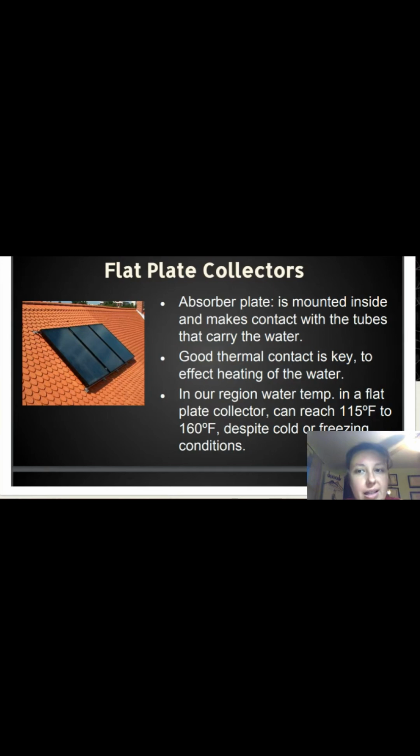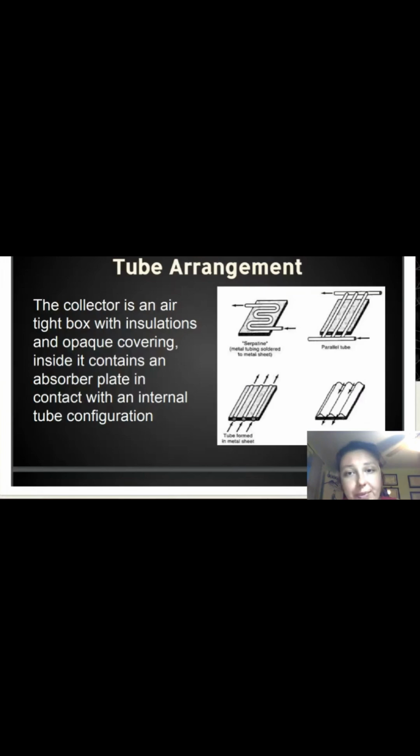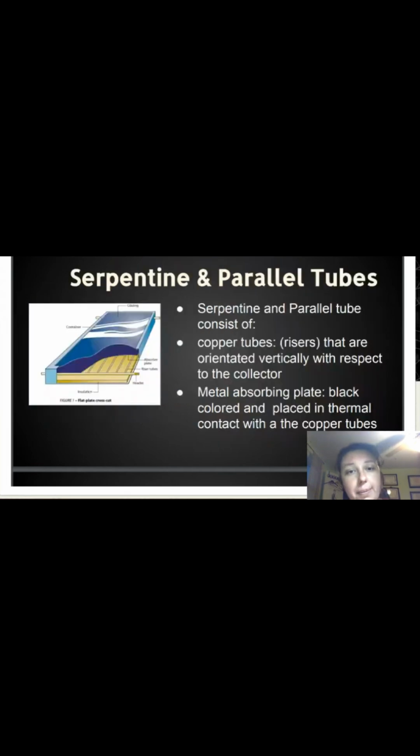Here is an example of the mounting of a solar hot water heater system. Here is the interior box structure. And then here's some arrangements. And because this is a product that is purchased, there are a lot of different product versions out there. And so we have the serpentine, parallel tube, the tube form in sheeting, and the trickle type.